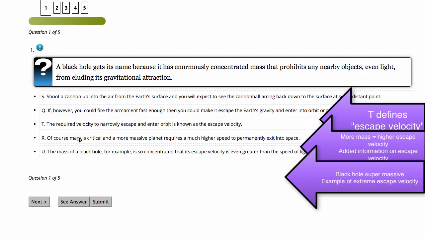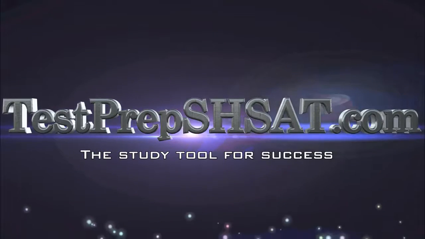It says the mass of a black hole, so now we're using this specific example of a black hole, for example, is so concentrated that its escape velocity is even greater than the speed of light. So I like the order S, Q, T, R, and U.